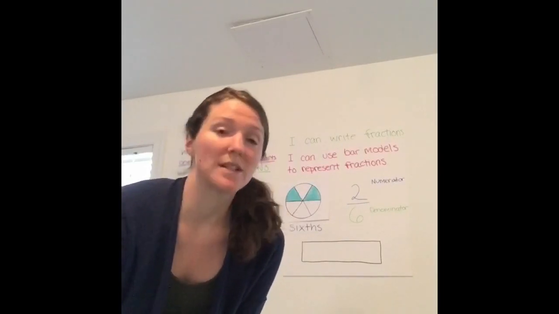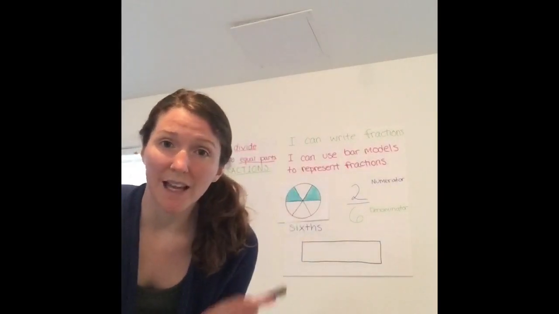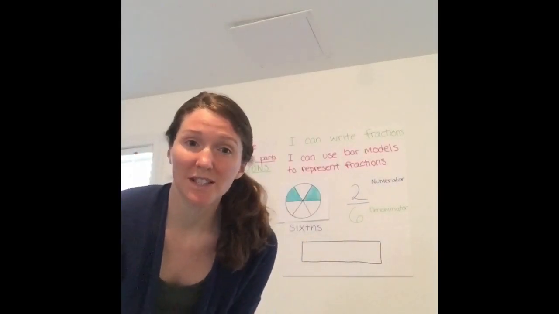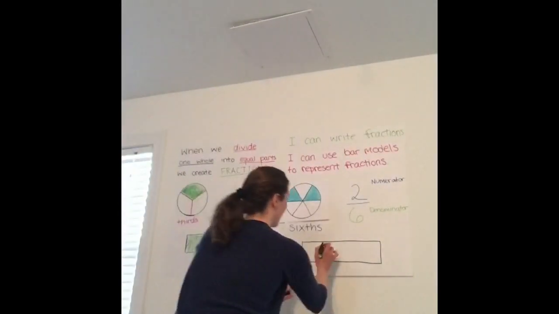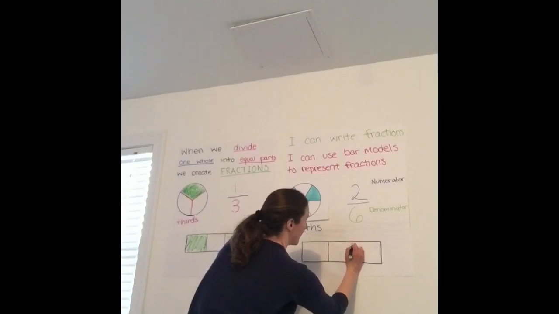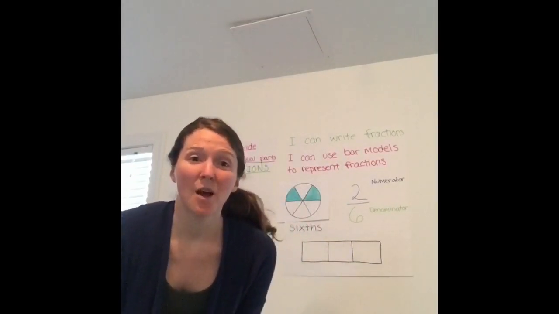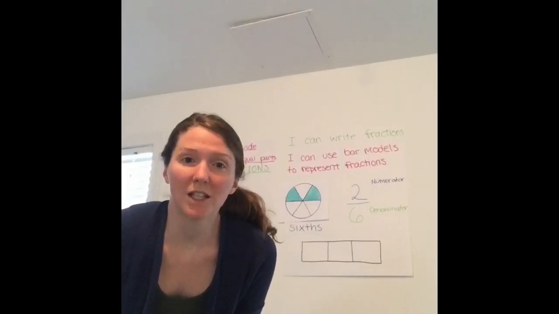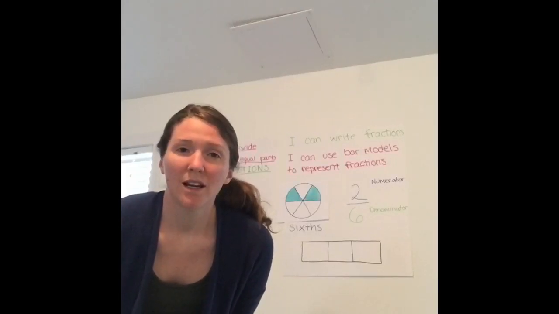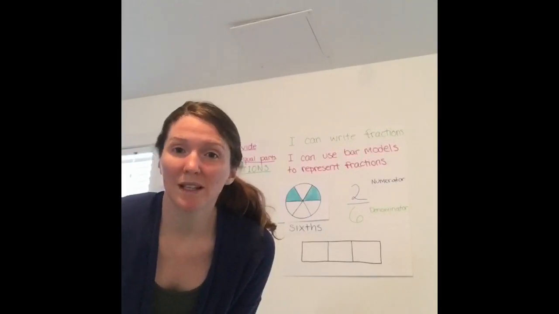So what I'm going to do is first I'm going to divide my whole rectangle into thirds. It's not perfect, but we're going to do our best. We're going to divide the whole into thirds. So now, that's not sixths, but 3 equal groups of 2 is equal to 6.